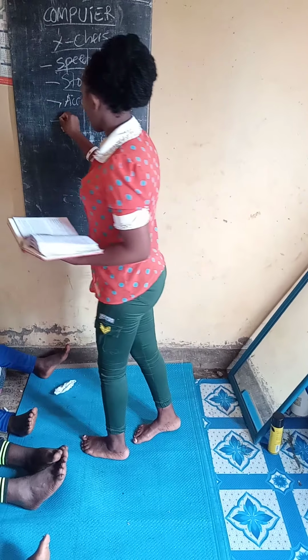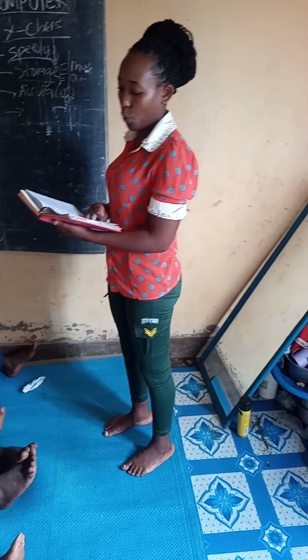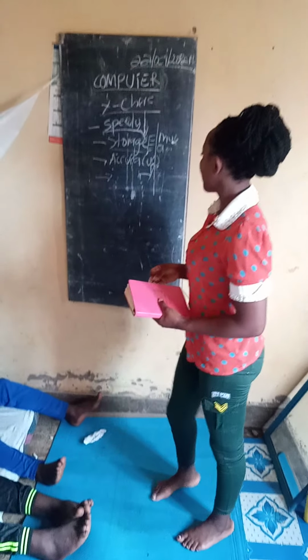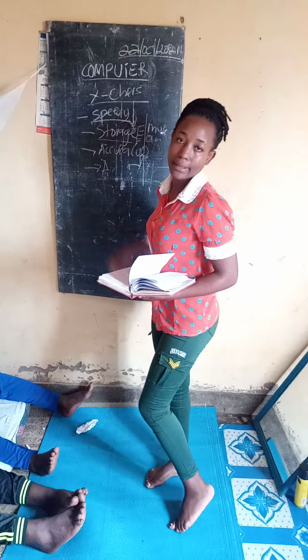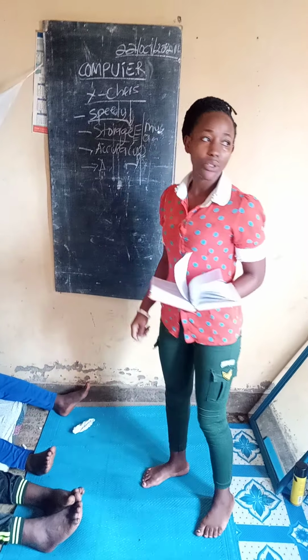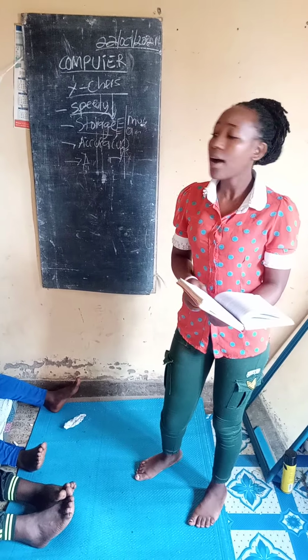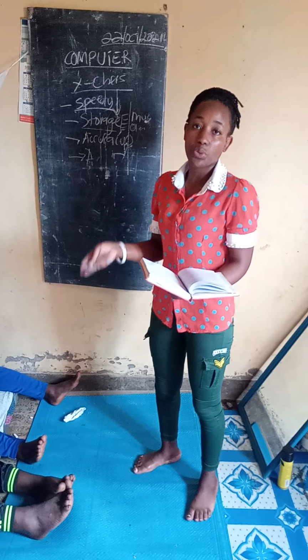Okay. Another one, we have automation. These computers are automatic. They were made automatic. You cannot say that I have to bring supervisors or managers to manage the computers or to supervise the computers when performing tasks.